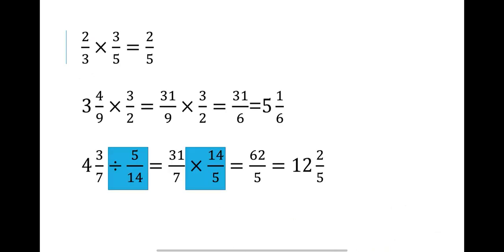Okay. Now, next one, still about fractions, but not addition, not subtraction. This is about multiplication and division. In multiplication, please do remember this, you don't need to find the common denominator. That's just for addition and subtraction, because in multiplication you just multiply the top with the top directly.